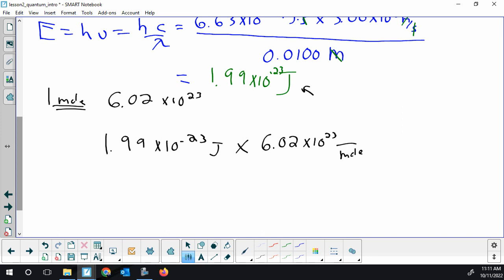Here this is really joules per quanta, and that's how many quanta are in a mole. So if you had a mole from a microwave, it works out to about 2 joules. So still not a ton of energy.